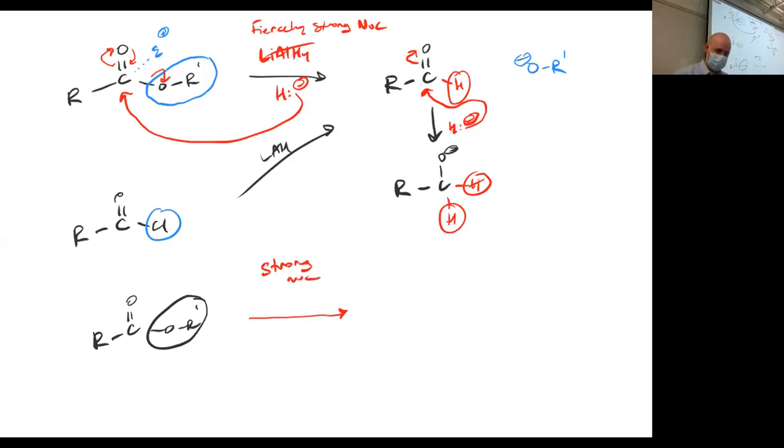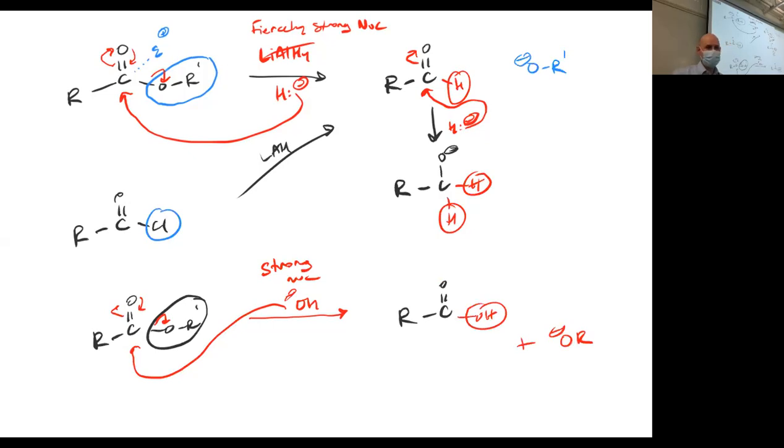So if I added an OH minus, it can attack, but check out what we would get. You're turning an O minus for an O minus. What's more stable? It's an O minus either way. So it's not very favorable to do, but we can do it.